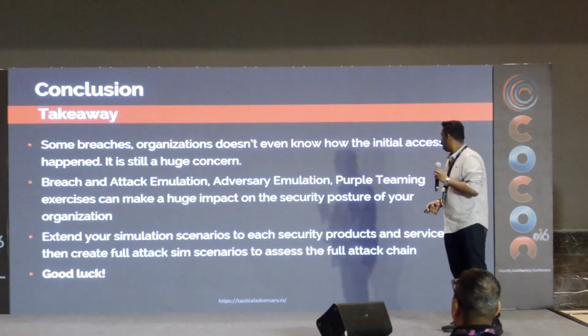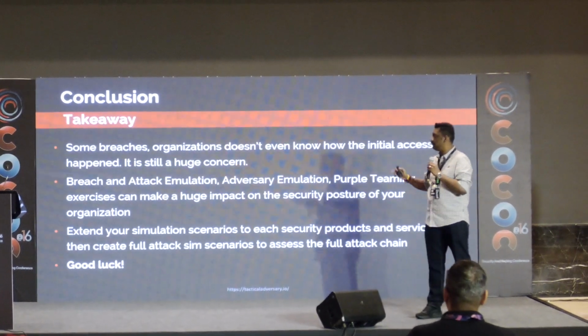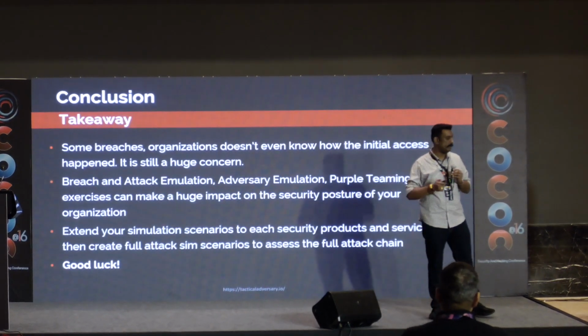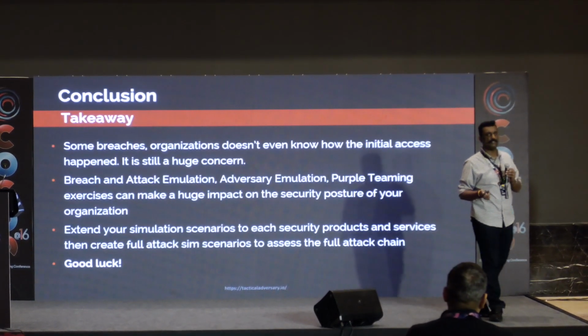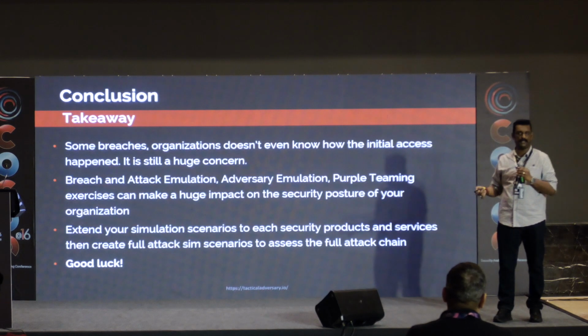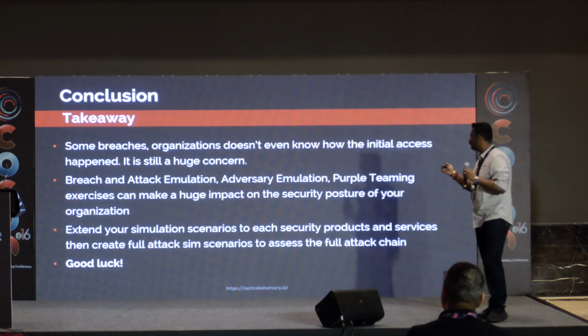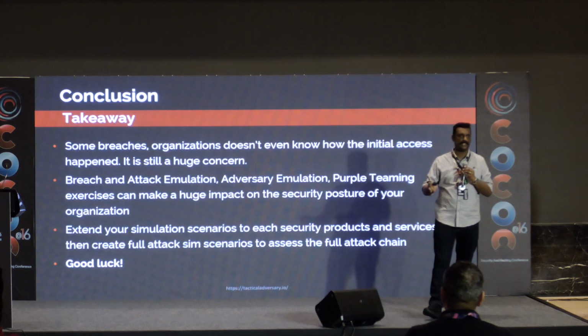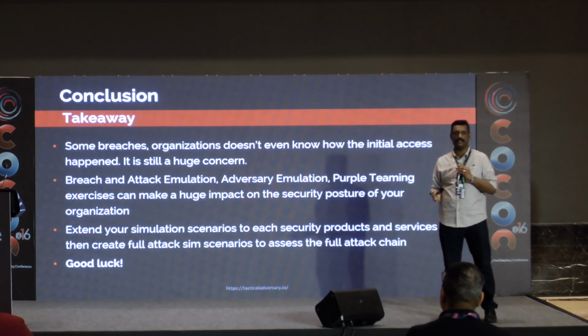Okay, to the conclusion. The very first notable thing, since I noticed that in the Microsoft case, is that the people don't know how the initial access happened. That is a huge concern. Your company got attacked, you got breached, but you don't know how it happened, right?